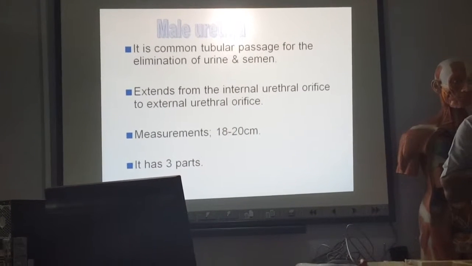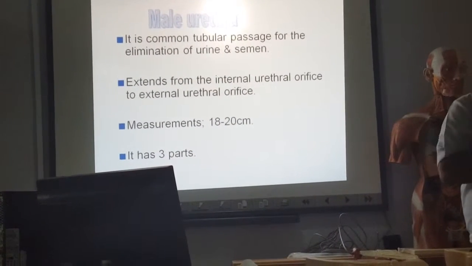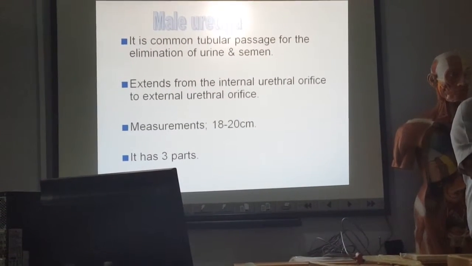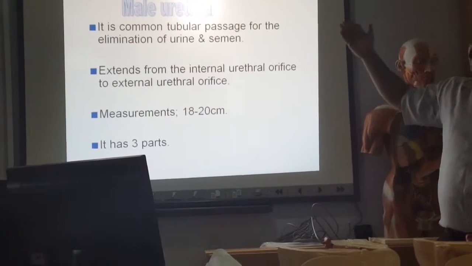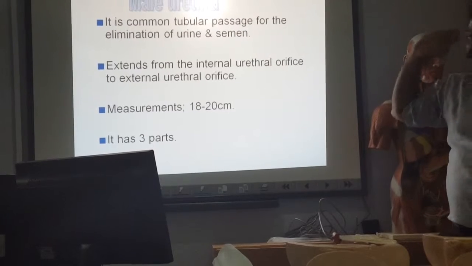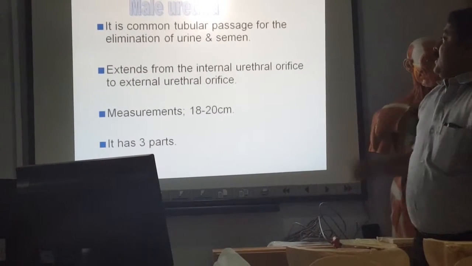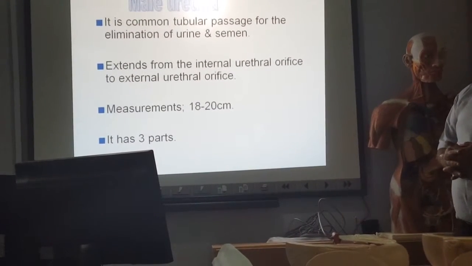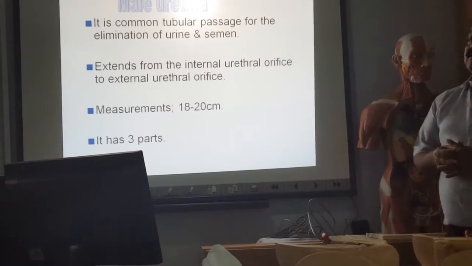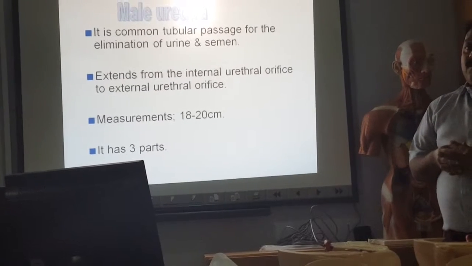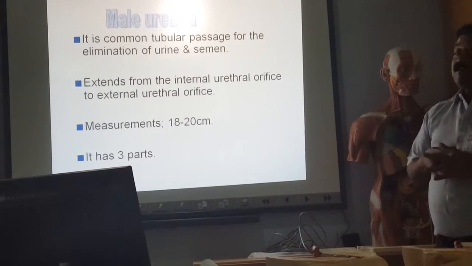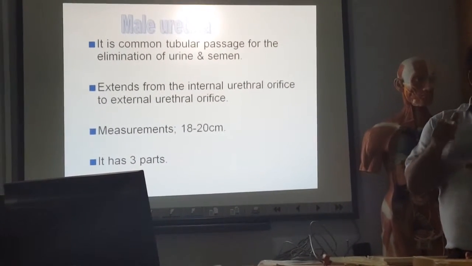In case of female, the urethra has only the urination function, whereas in male it is a common passage for semen and urine. It extends from the internal urethral orifice to the external urethral orifice, and measures about 18 to 20 centimeters in length.